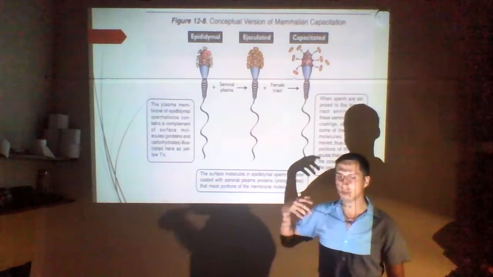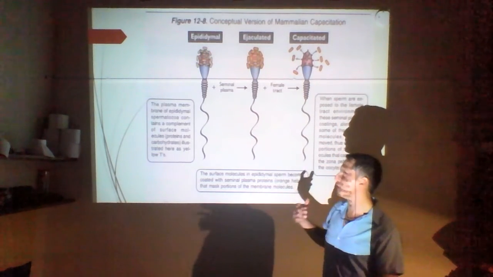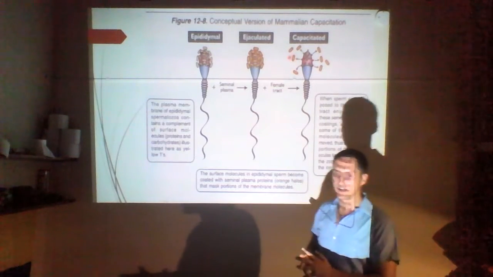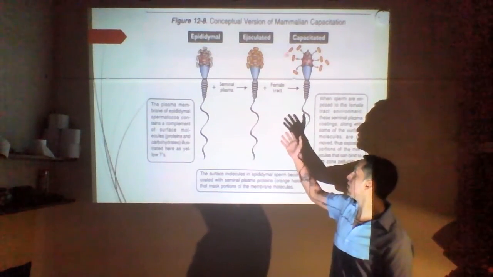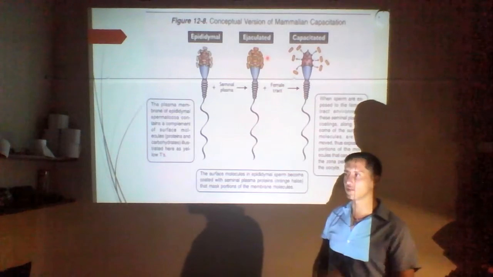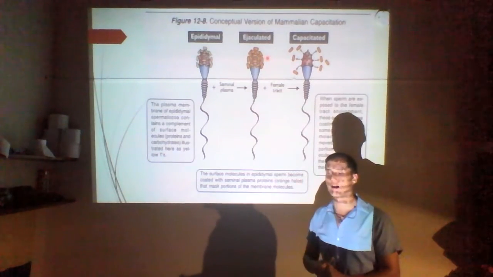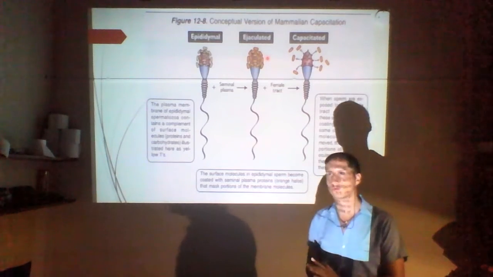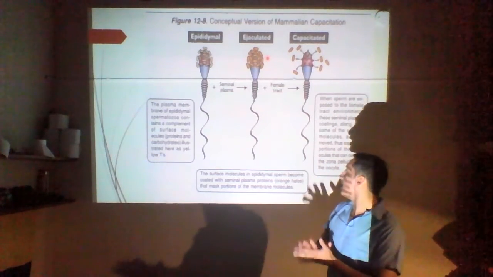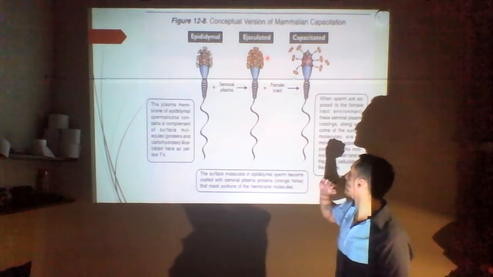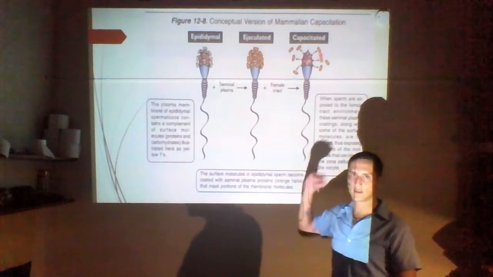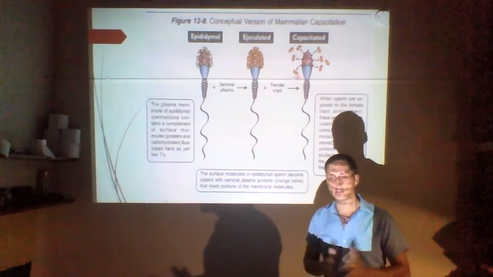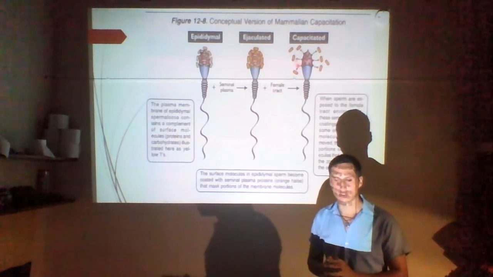Then after it has been ejaculated in the vagina of the cow, it's going to be like this, because here the spermatozoid has a liquid that gives it some energy and proteins to survive. And then we have the capacitated spermatozoid that is going to be in the uterus, which, as I mentioned, takes around 10 hours.